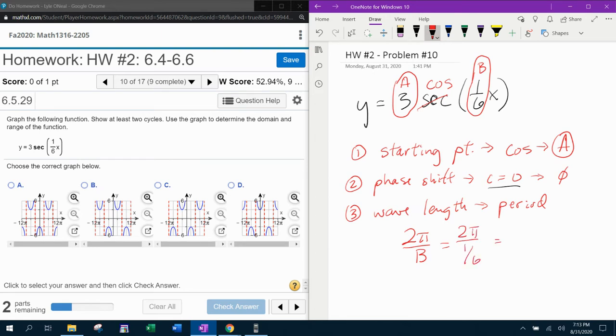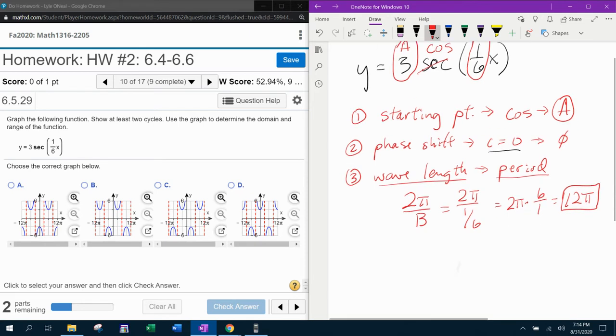And we're going to have to do a little KCF, a little keep change flip, which means we're going to have 2 pi times 6 over 1, multiplied by the reciprocal, gives me 12 pi. And so we're going to have a wavelength, we're going to have a period of 12 pi.